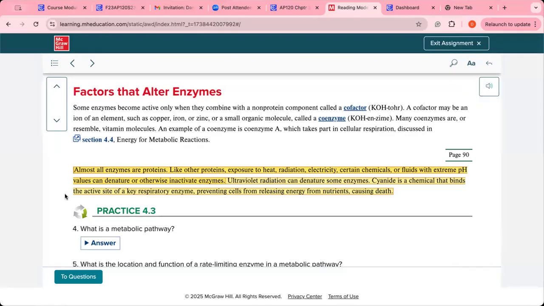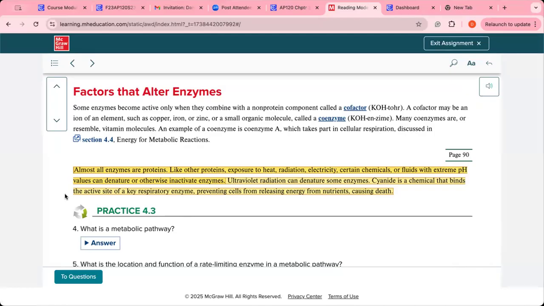Like all proteins, exposure to heat, radiation, electricity, certain chemicals, or fluids with extreme pH values can denature or otherwise inactivate enzymes.